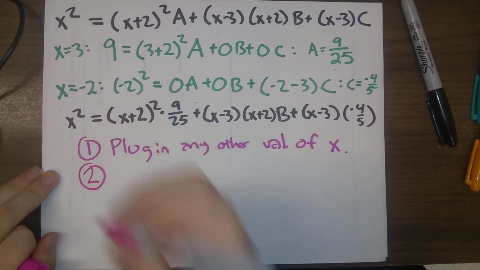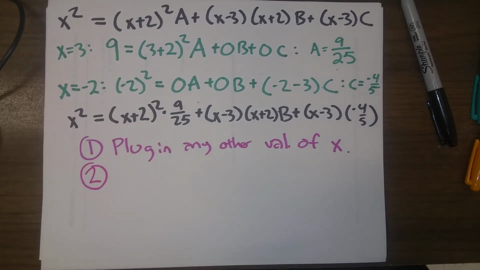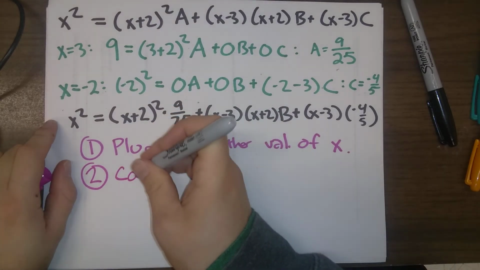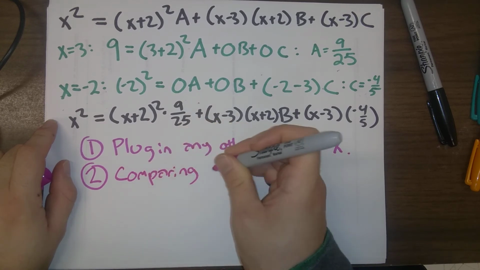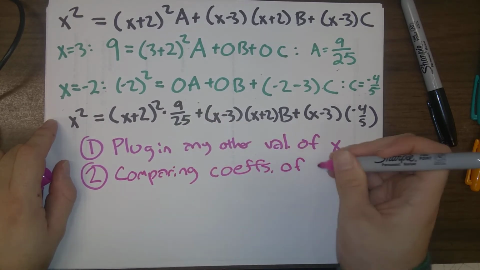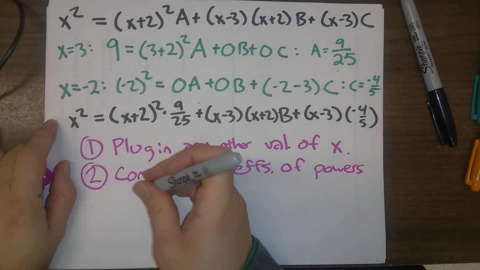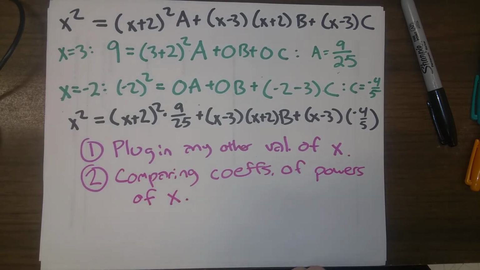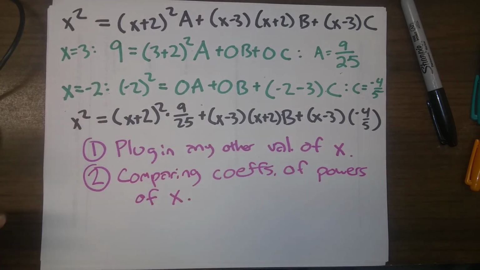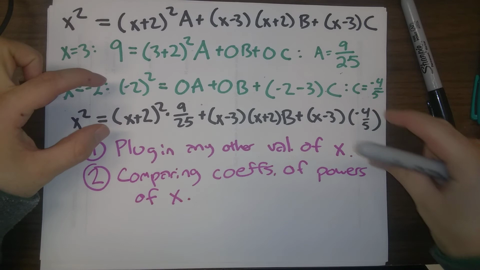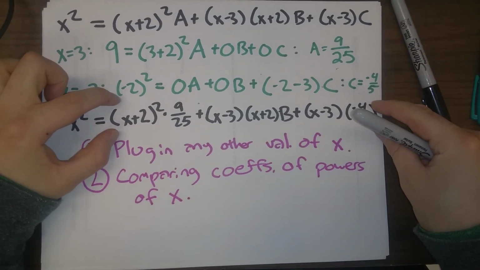However, there's a second method to do it, which is comparing coefficients of powers of x. And so the point here is that this equation has to be true for any value of x we plug in, but it also has to be true in the sense that this whole thing over here has to be x squared.